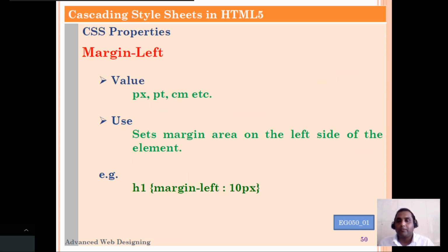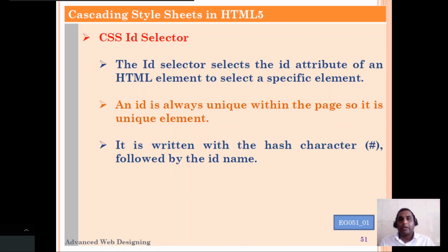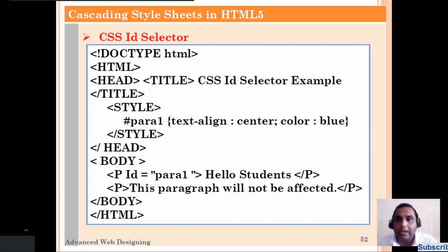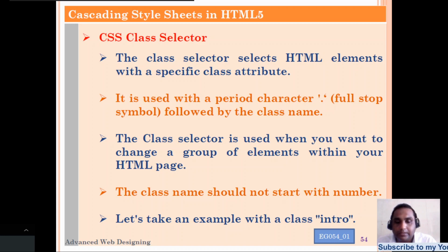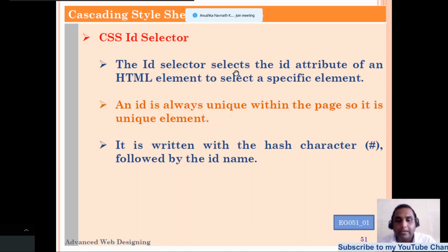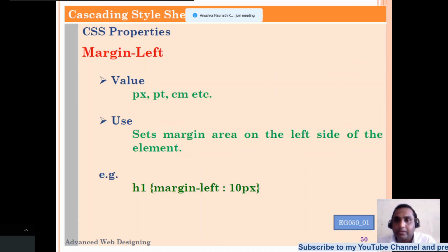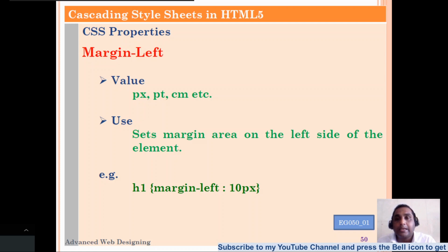These are all different CSS properties. There are more CSS properties related to selectors and positioning that we will understand ahead. Before that, let us understand what is CSS ID and what is CSS class. These are not the only properties; there are a lot of properties in CSS.